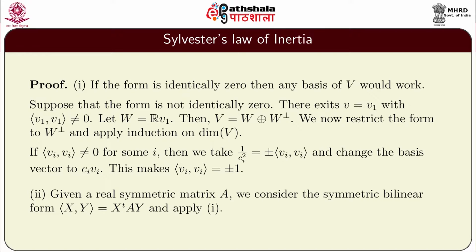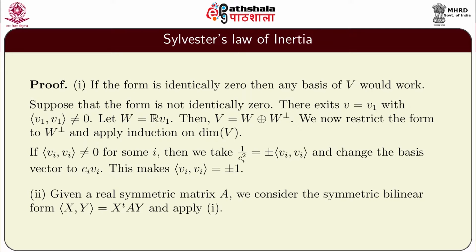Then we know that V can be written as the direct sum of W and W perp. We now restrict the form to W perp and apply induction on the dimension of V. Well, W perp is a subspace of V and the dimension is strictly less than the dimension of V, and therefore the induction applies.